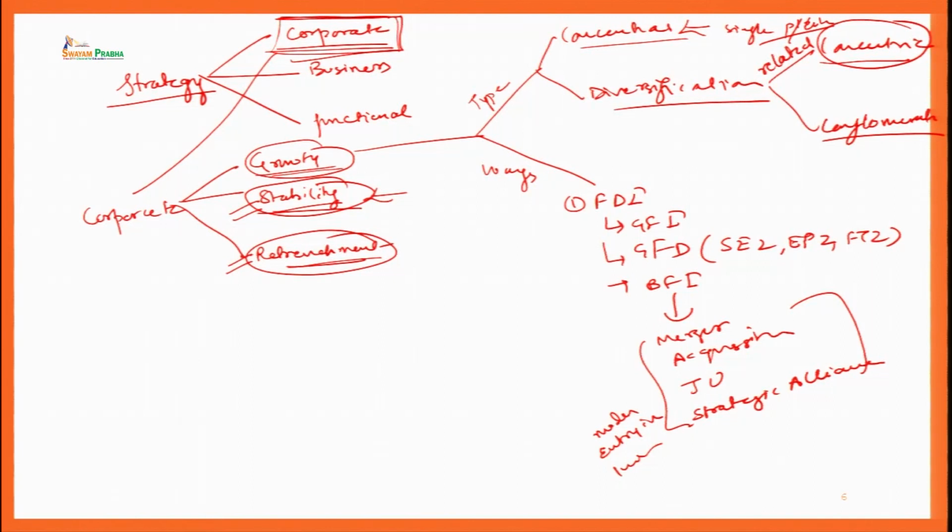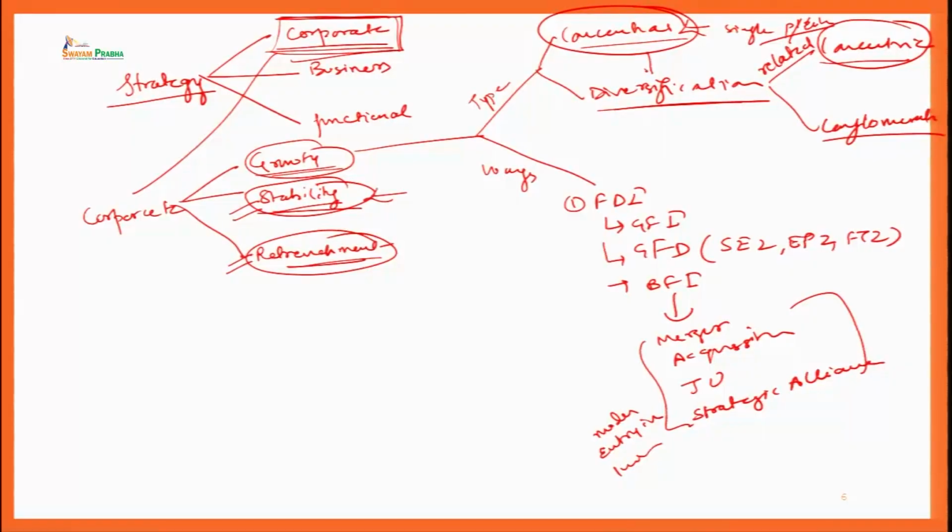I hope you people are understanding that concentration is the style of growth where you are focusing on a single product line. Say for example, you are a dairy product offerer and you are offering milk to society, and you start adding flavors to the milk, maybe strawberry flavor or soya milk or some other flavor. That is going to be pure concentration.